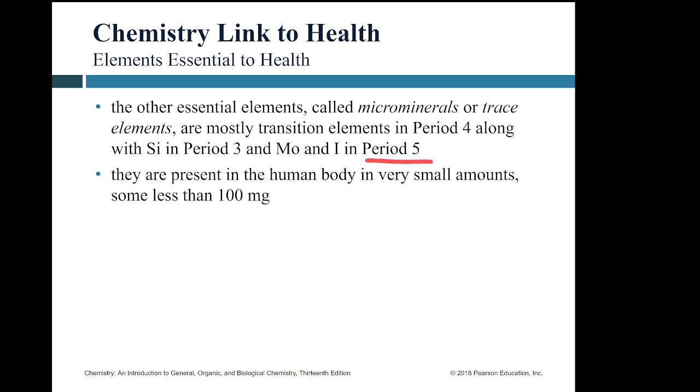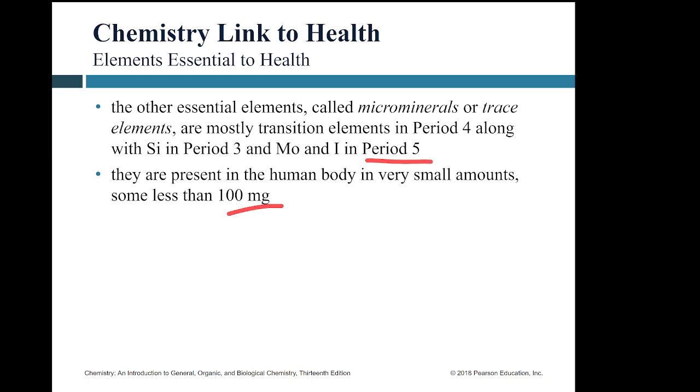They're present in the human body in very small amounts. If you were to collect all of them from the human body, it would be like 100 milligrams. That's a very, very small amount compared to the total mass of the human body, and you typically need these in your diet in microgram quantities.